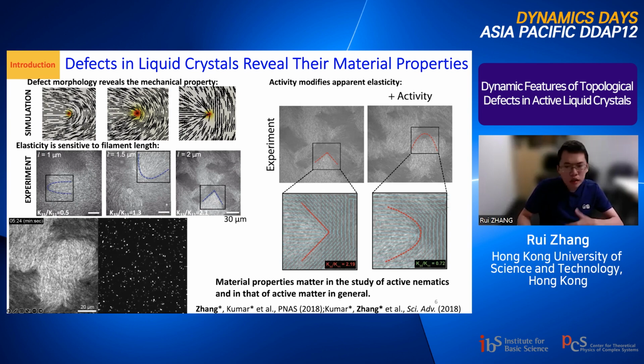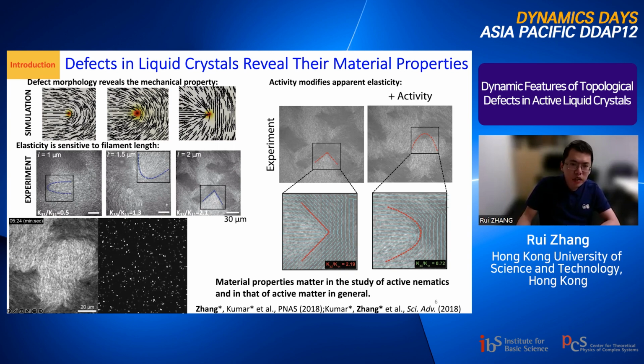I want to add one more sentence to this picture, because in many traditional systems, to measure the mechanical properties or mechanical constants of a system, you have to add external strain or external field to measure the response of the system to extract the mechanical properties.